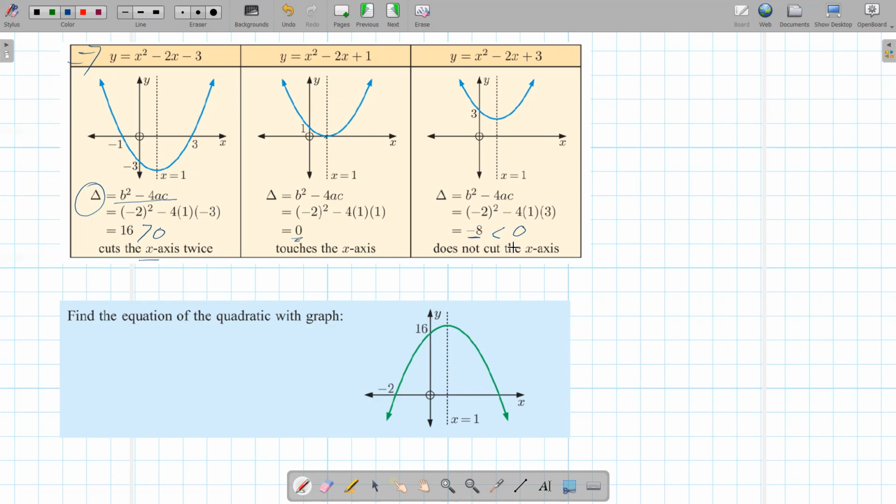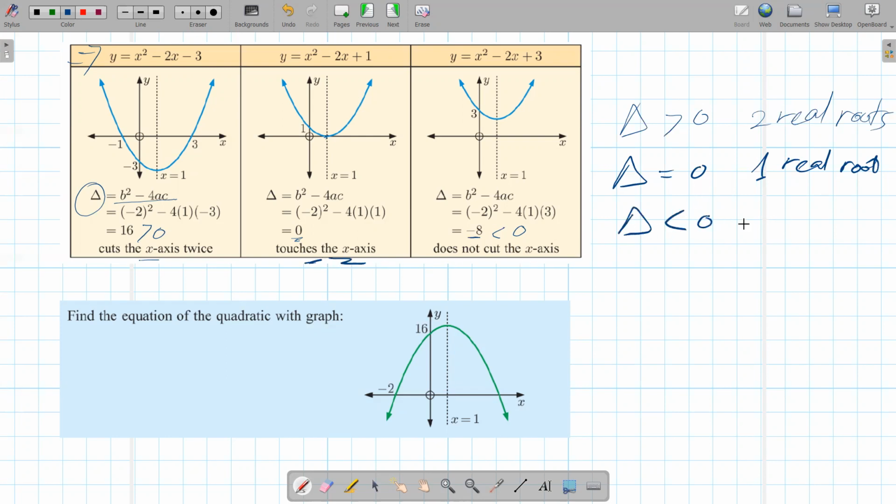We have 3 scenarios. When delta is greater than 0, we have 2 real roots. When delta equals 0, we have only 1 real root, or it touches the X-axis only once. When delta is smaller than 0, we will not have any real roots, or the curve does not cut the X-axis.